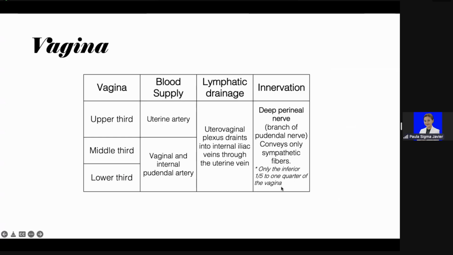Only the inferior 1/5 to 1/4 of the vagina is innervated. Okay, so for the middle third and lower third, it is supplied by your vaginal and internal pudendal artery. The lymphatic drainage and innervation are the same as the upper third.